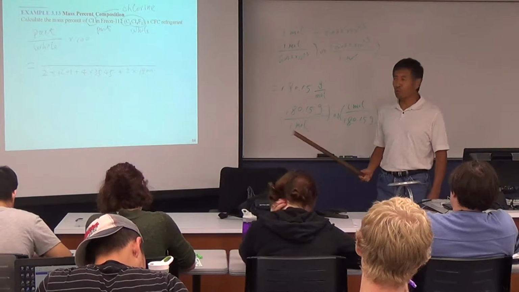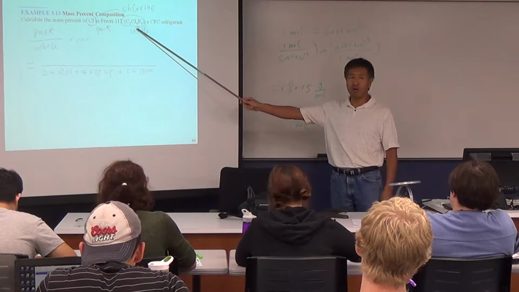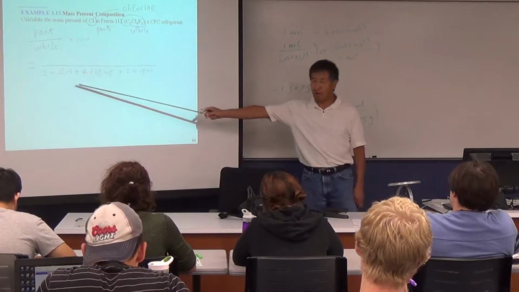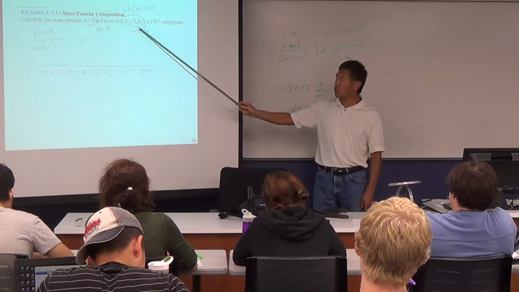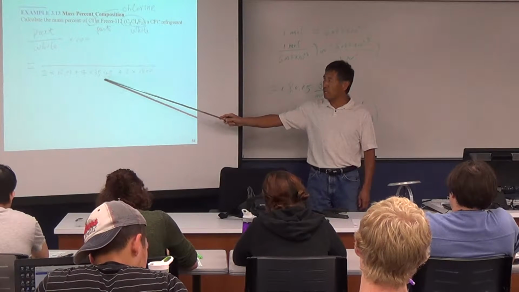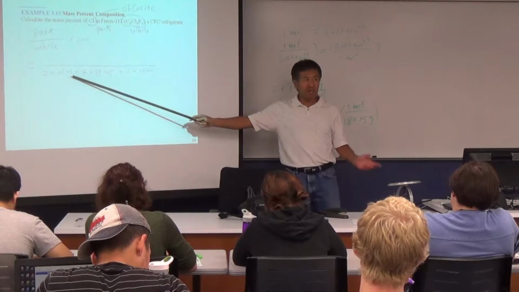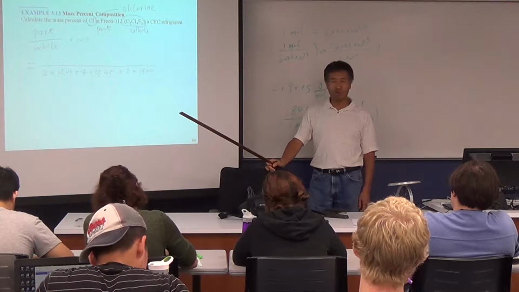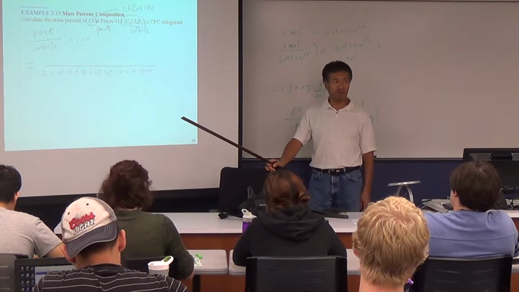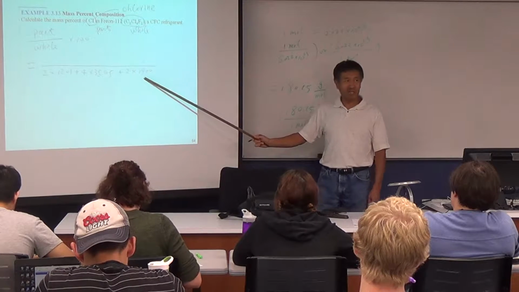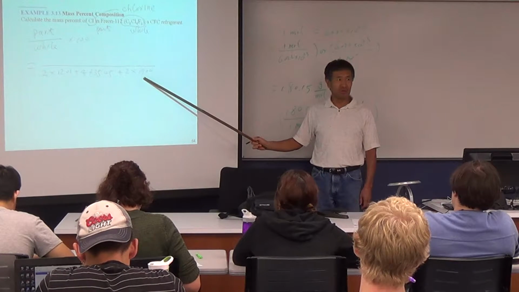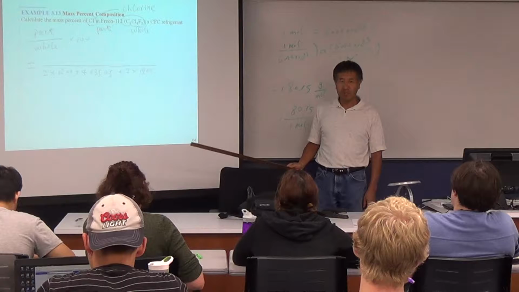That means you just read this formula carefully, see how many carbon we have, 2 carbon. How many Cl do we have? We have 4 Cl. And this number we get from the table, 12.01, you already know that before, you don't even have to use the table for carbon. And then this 19 is also from the table. Understand? Okay.